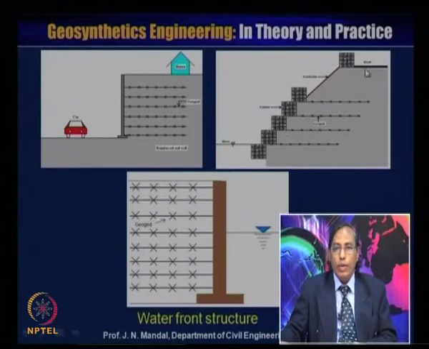Also, when there is a slope, you can use the gabion and also parallel layers of the geogrid reinforced soil retaining wall. We will design this also later, how the gabion reinforced soil retaining wall is designed with only the gabion, as well as gabion plus the geogrid reinforcement material.